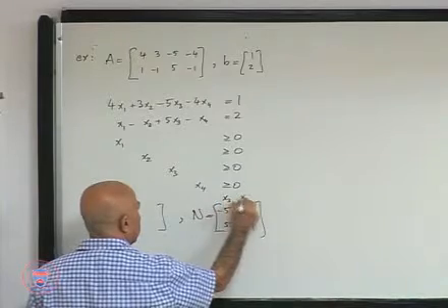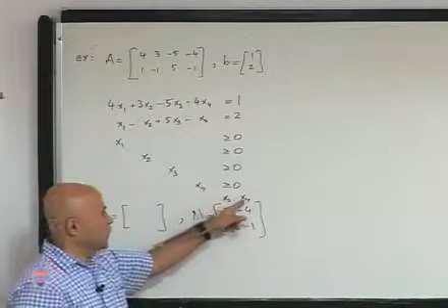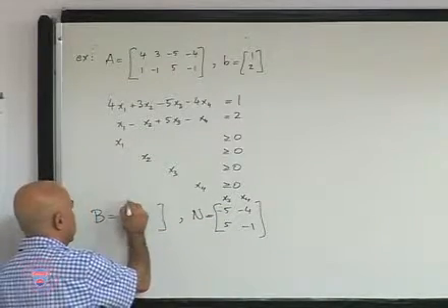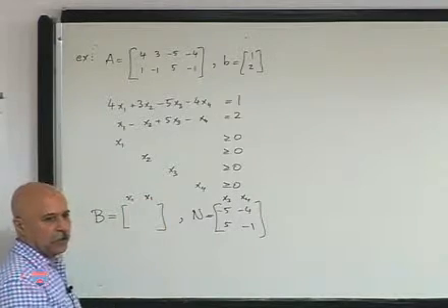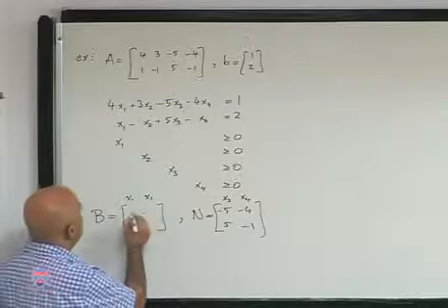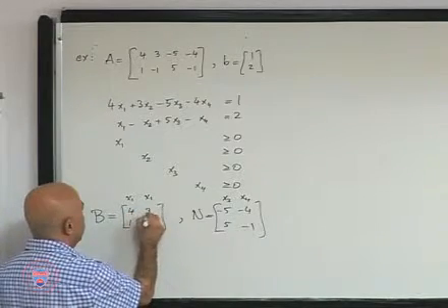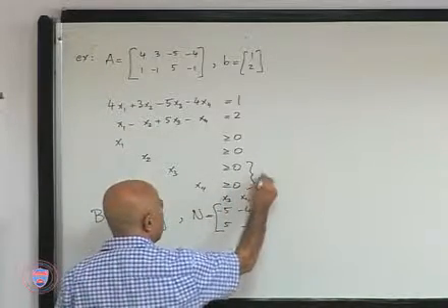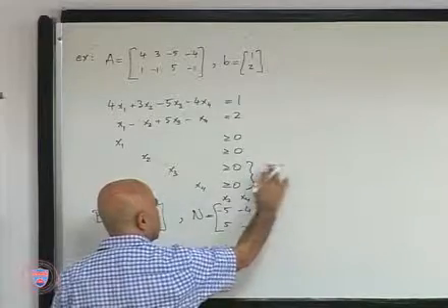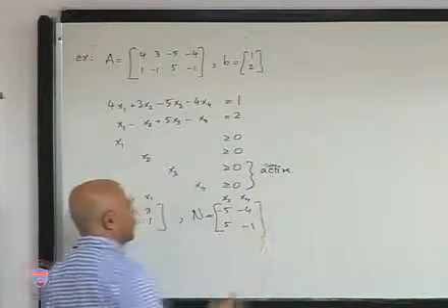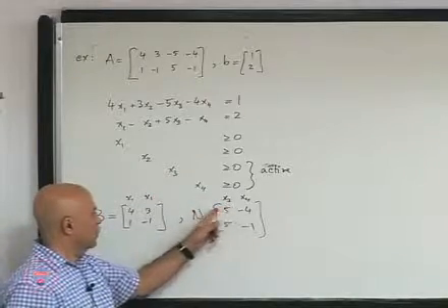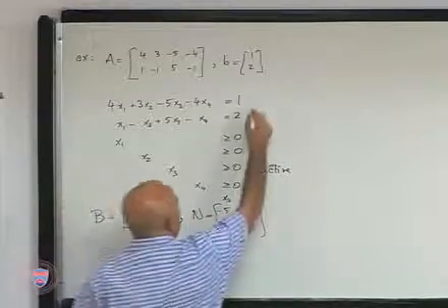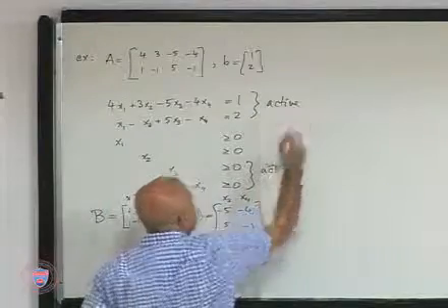These are the variables that we are going to set equal to 0, okay? And these are the variables, x1, x2, that we will solve for. In this case, we've got 4, 1, 3, -1. So I'm going to take these as active. That's why x3, x4 happen to be in I sub N. And of course, these are also active, always.